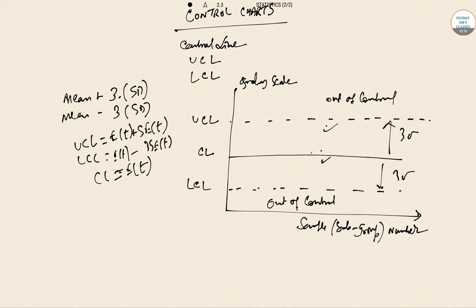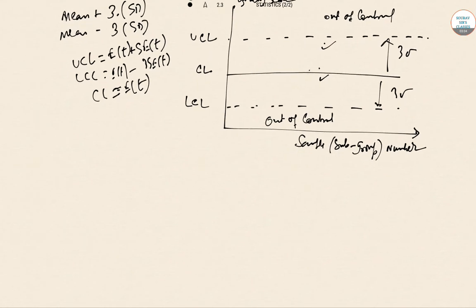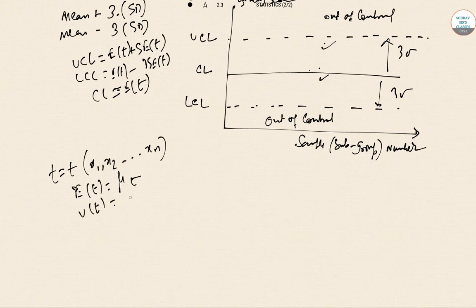Now, how are these 3 sigma control limits calculated? It was actually given by Dr. Shewhart first. Here, if t equals t of x1, x2, ..., xn, a function of the observations x1, x2, ..., xn, and the expectation of t equals mu t, and the variance of t is sigma t square.